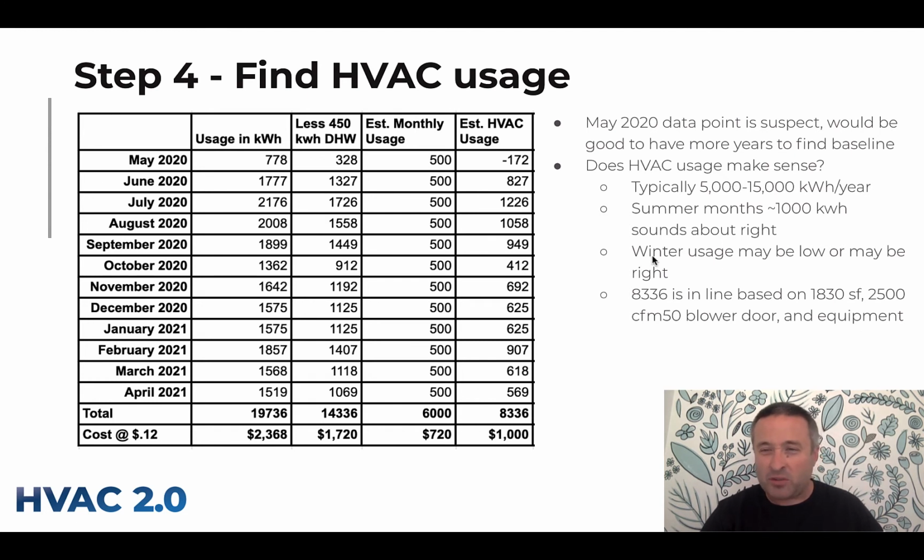The winter usage sounds about right. It might be a little on the low side, so maybe they're using less for the water heater, something like that. But we're getting there. So the 8336, it's in line based on the 1,830 square feet, 2,500 blower door, and their 10 SEER equipment. So this smells right to me.